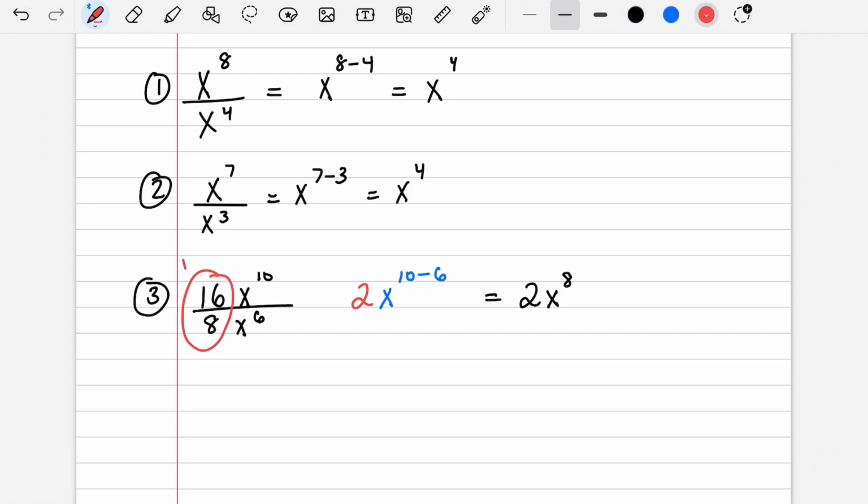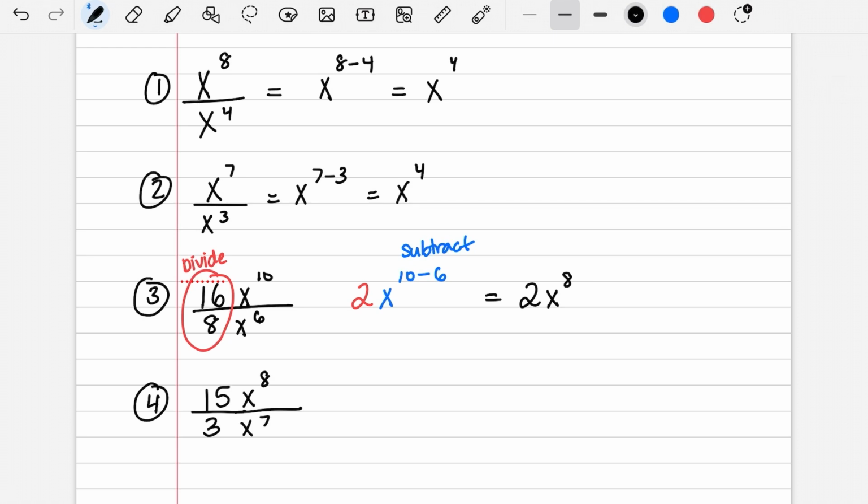So for here, we're going to divide. Here, we're going to subtract. So coefficients, divide them. Exponents, subtract them. Let's try another one. What if we had 15x^8 over 3x^7?